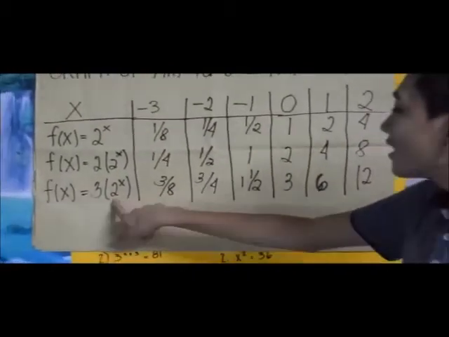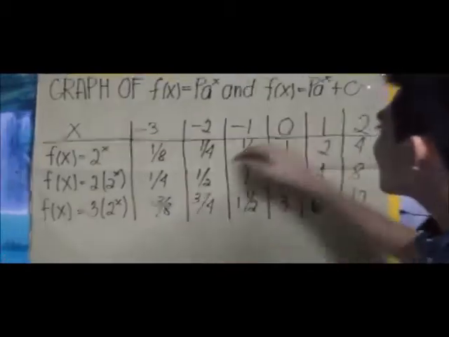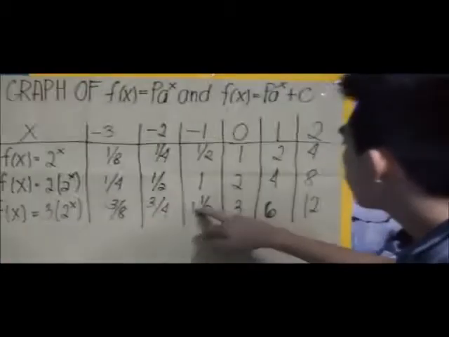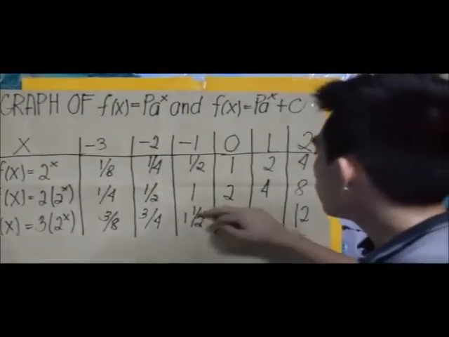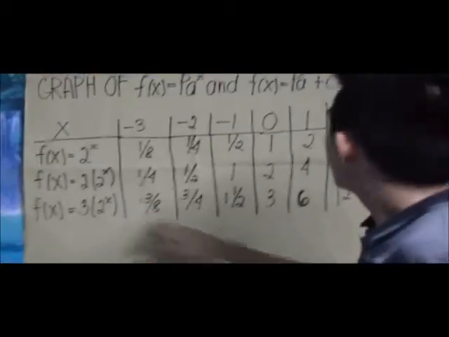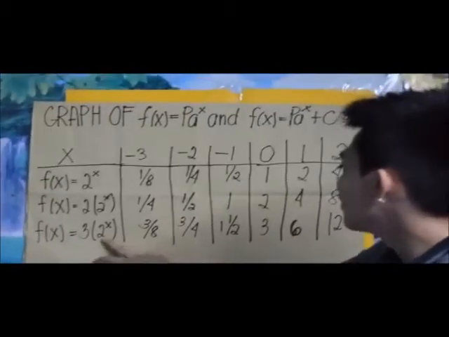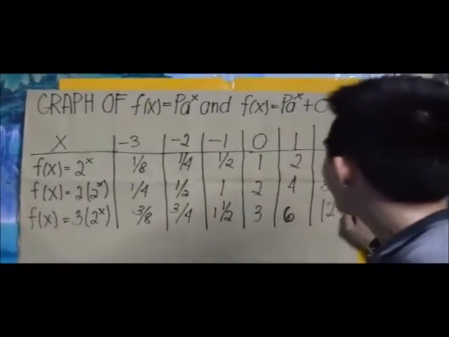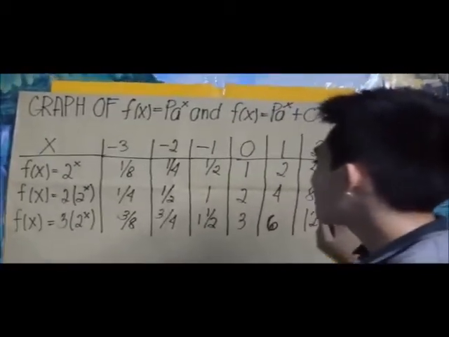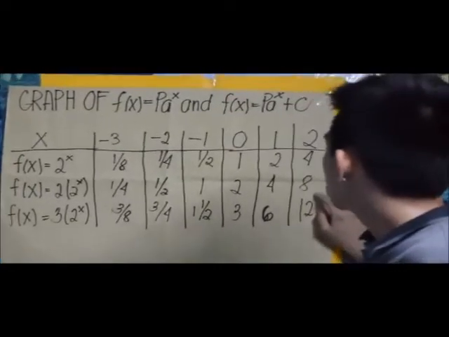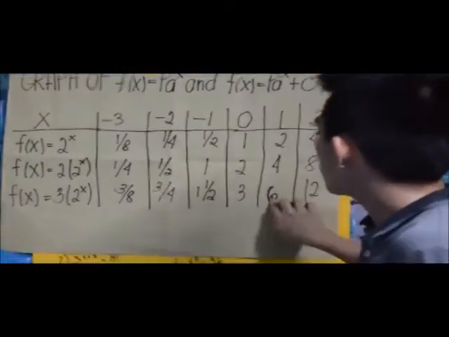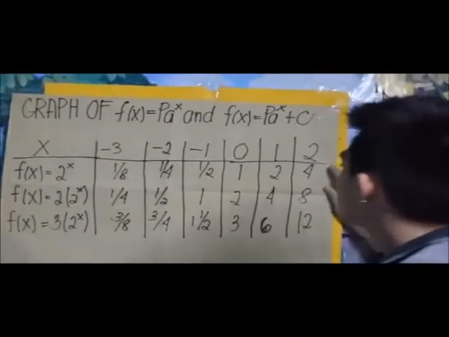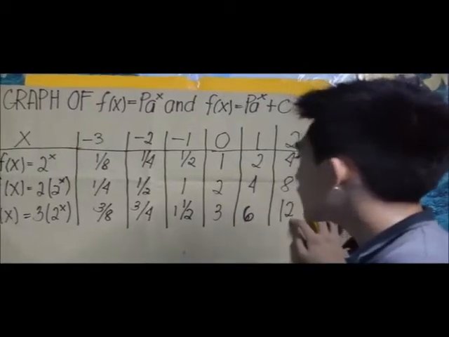For x equals negative 1 it is 3 over 2. For x equals 0 it is 3. For x equals 1 it is 6. For x equals 2 it is 12.